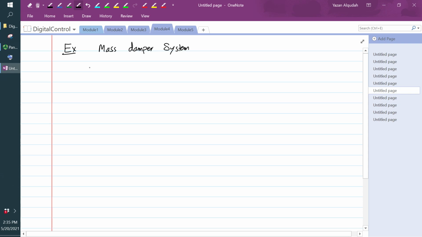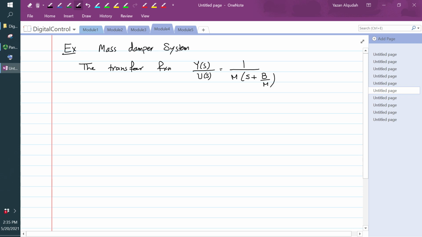We have a transfer function which, if you recall, was y of s divided by u of s equal to 1 over m multiplied by s plus b divided by m.